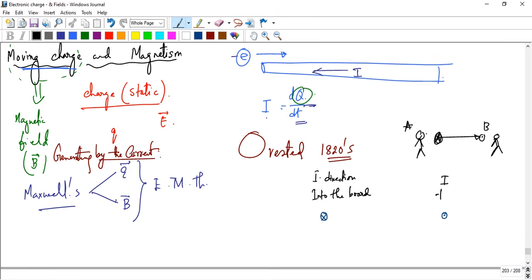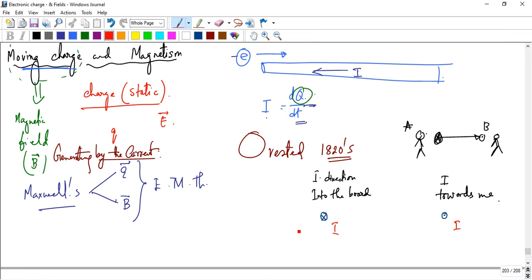The important thing is towards me. So there are two directions, similar to the vector concept here: the current direction is into the board or towards the observer.